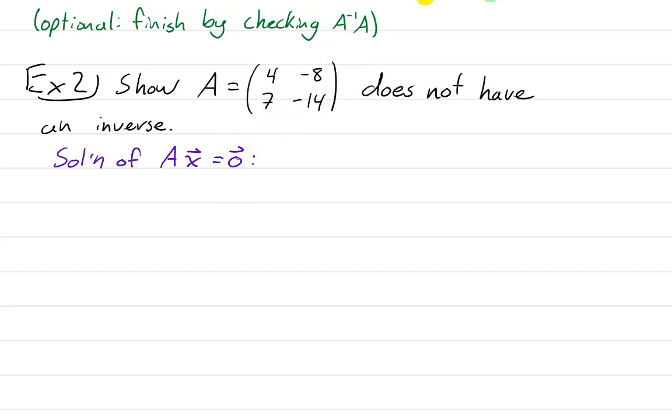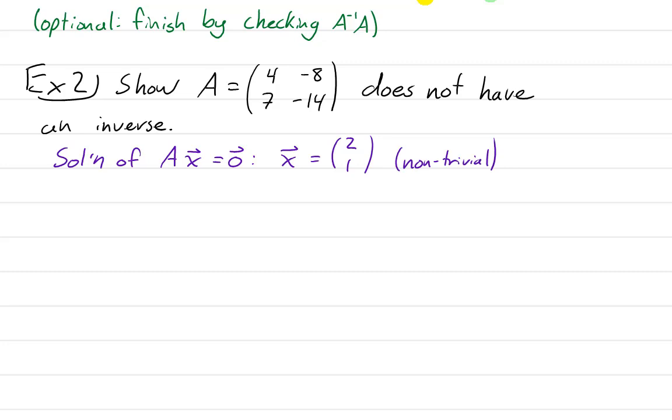But we can get a non-trivial solution here. If I do 2 times (4, 7), that gives you (8, 14), and then you can just do 1 times the second column to cancel that out. So just (2, 1) should work.